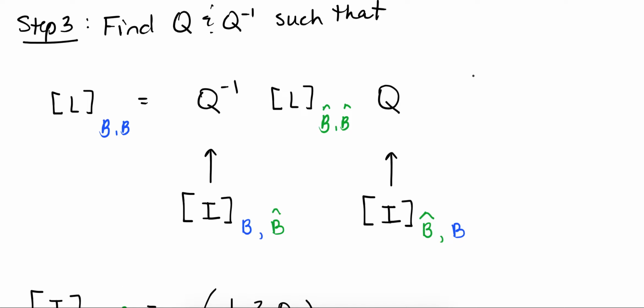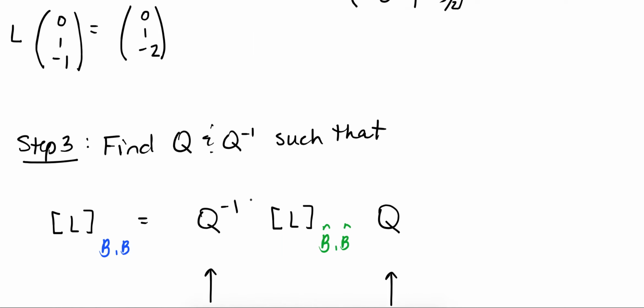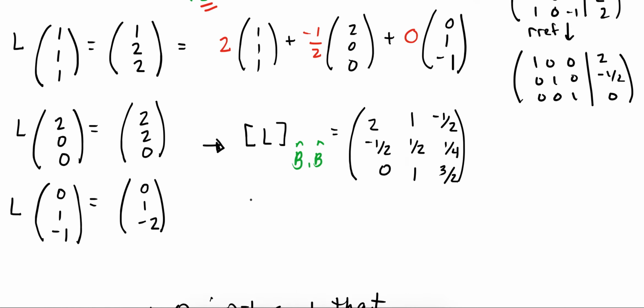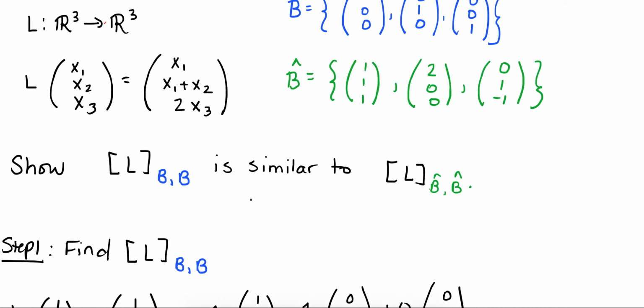Okay, so one of these is actually really easy to solve, and that's because we're using the standard basis. The one that's easy to solve is this one. Why is it easy to solve? Well, we take our basis and we write it in terms of the standard basis. So what is the standard basis? 1, 0, 0, 0, 1, 0, and 0, 0, 1.